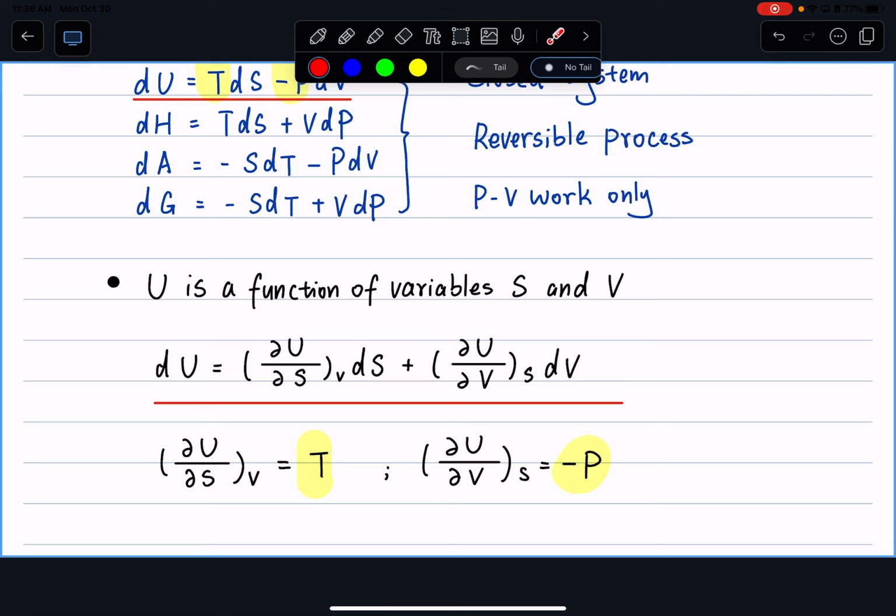So the nature of the state function temperature can also be understood as the partial derivative of your internal energy over entropy at constant volume. The same applies to your pressure: negative P equals dU over dV at constant entropy S.